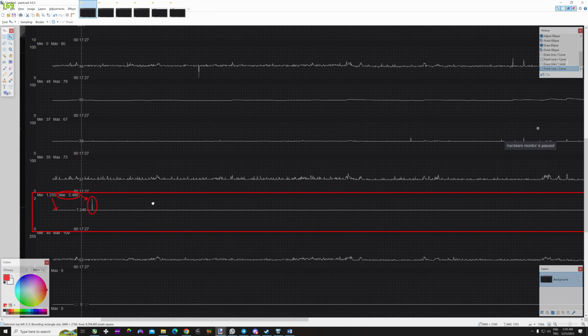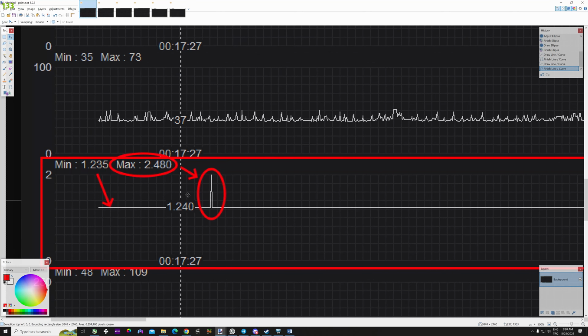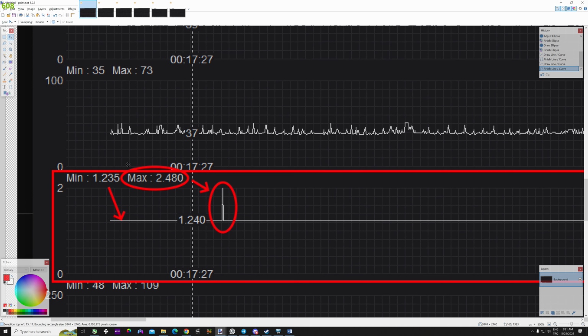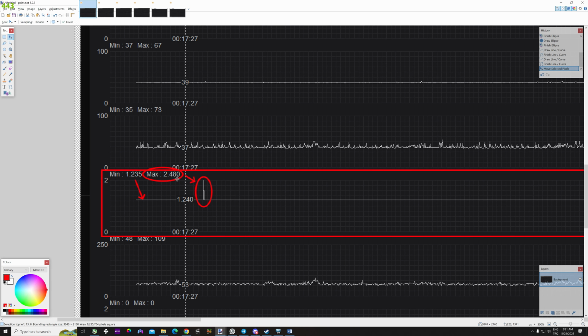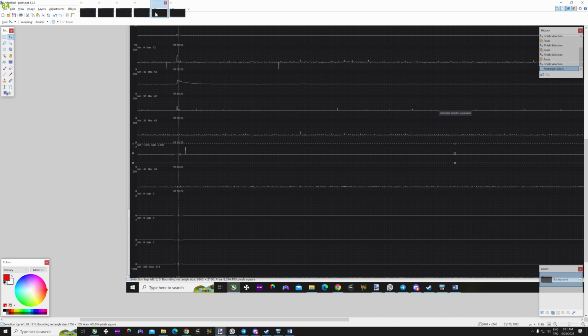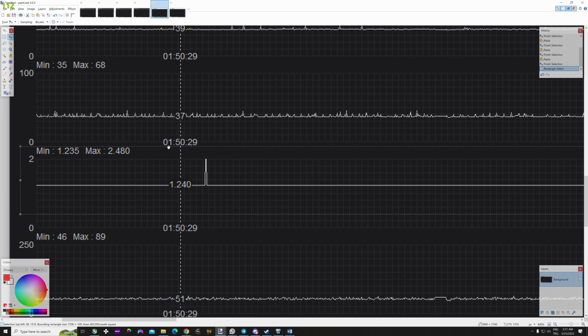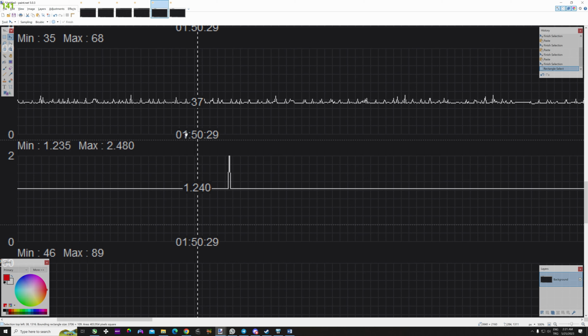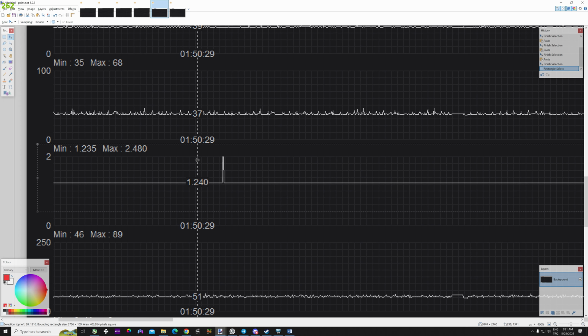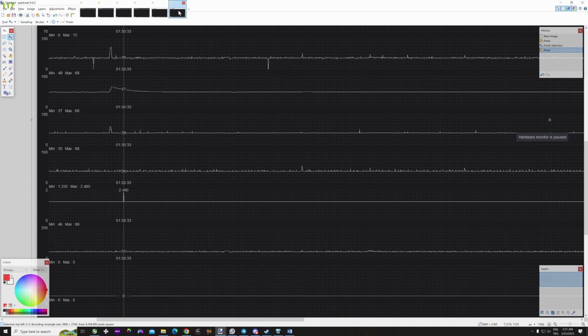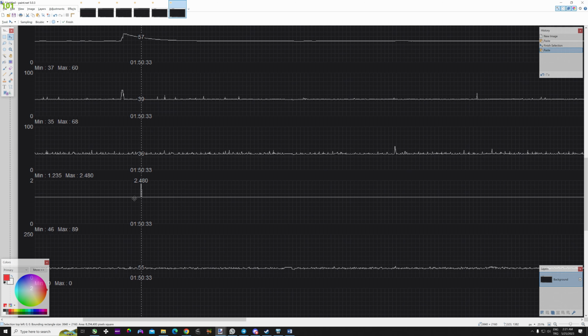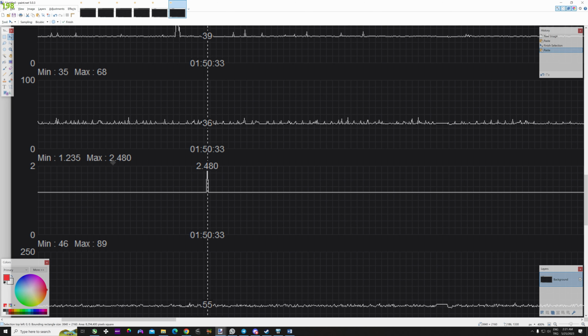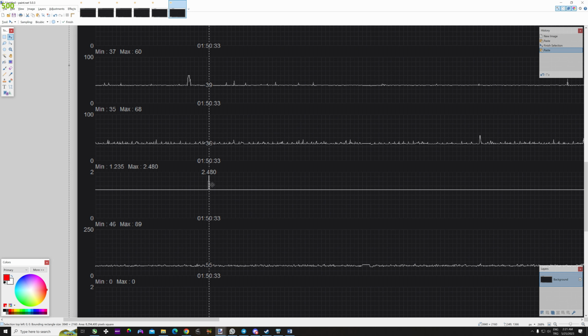What? So the first one, which happened at 17 past 12, that spike was 2.48 volts, and then another spike at 1:50 a.m. That is going to be right here, yeah, 1:50 a.m. Apparently that's also 2.48 volts.